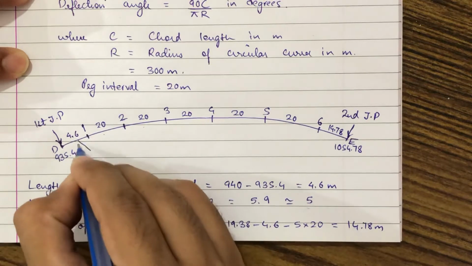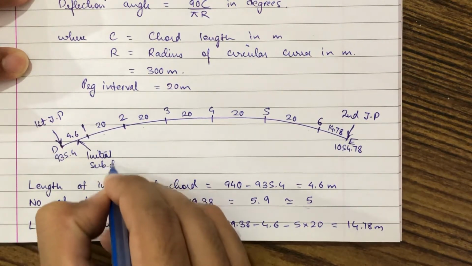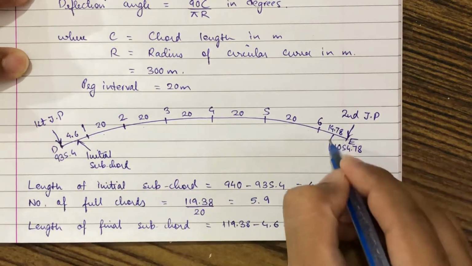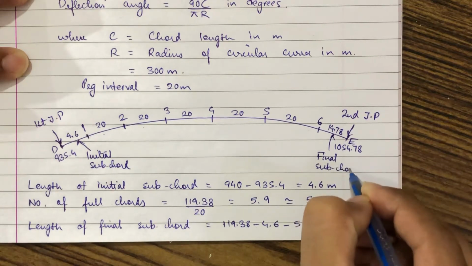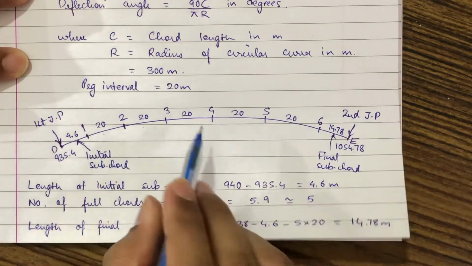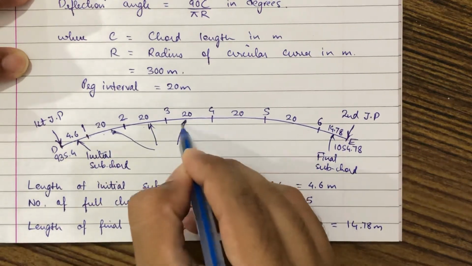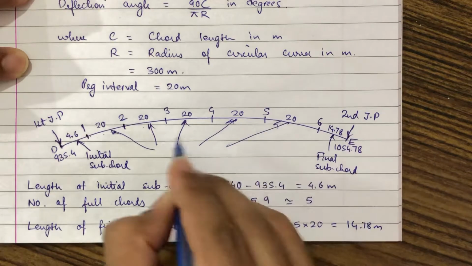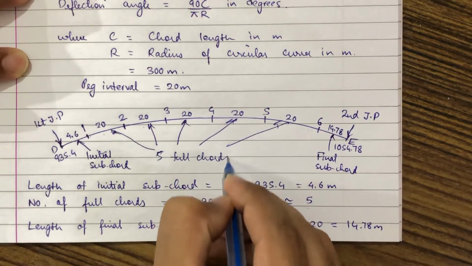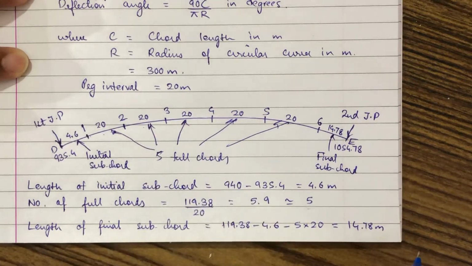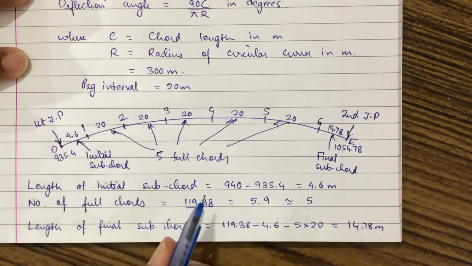One is this initial subchord, and one is the final subchord, and these are 5 full chords of 20 meter length. So total 1 plus 5 plus 1, that is 7 chords.